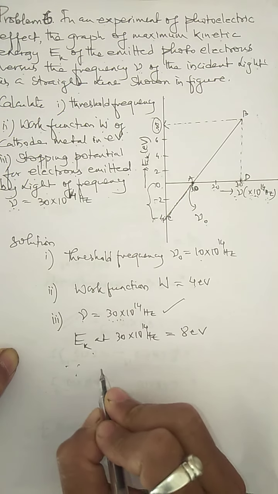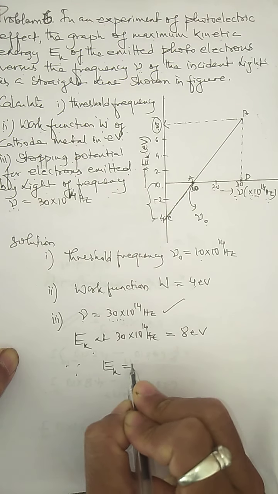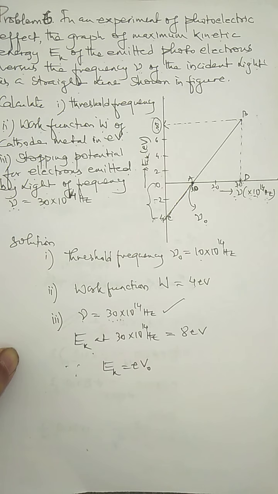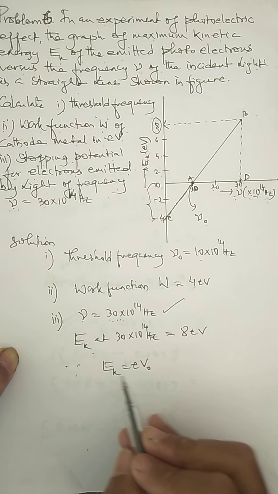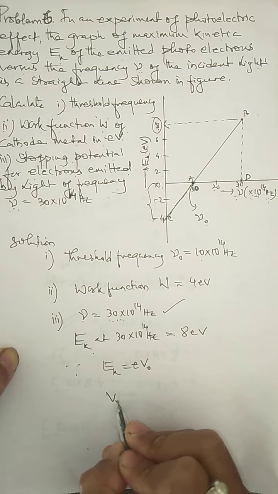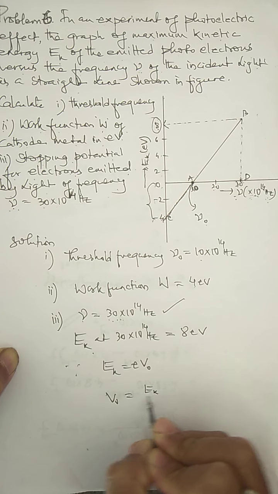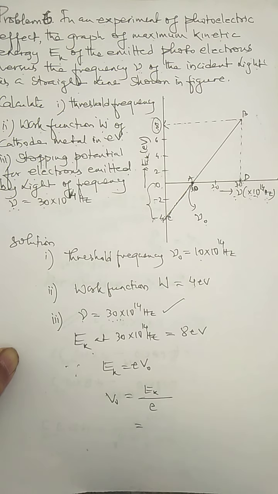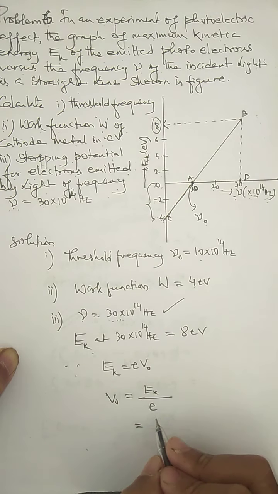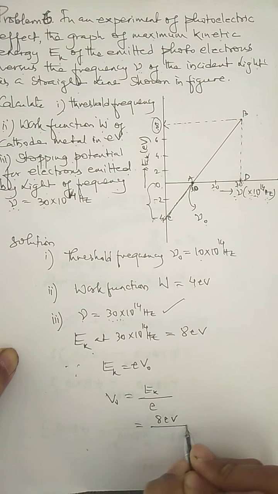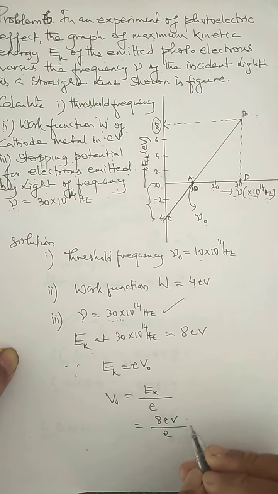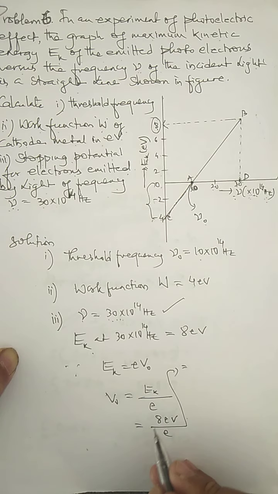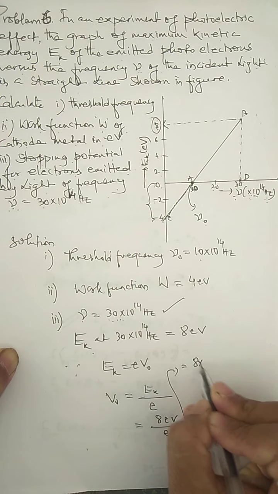Now since you know EK equals what? eV naught. So maximum kinetic energy of photoelectrons equals eV naught. So V naught means EK by what? e. So EK means how much? 8 electron volt by e. Okay, so I do this side. But electron volt I convert into what? Joule.